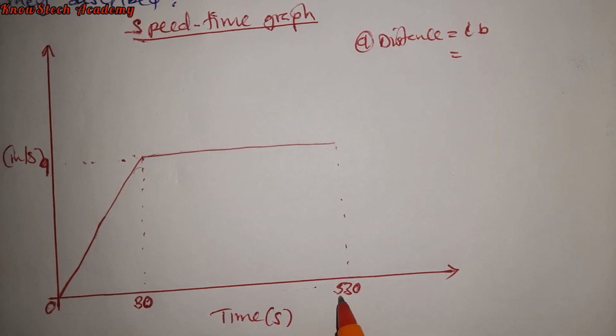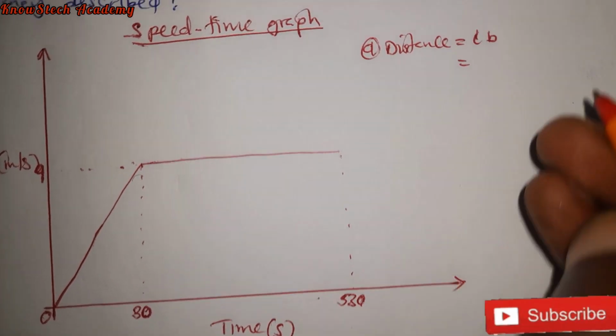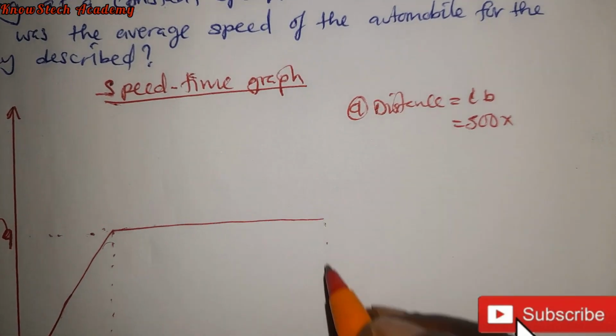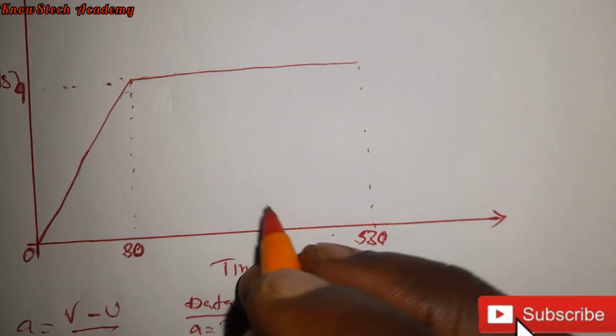The difference is 500. So 530 minus 30 is 500.